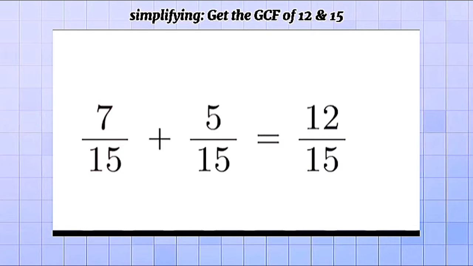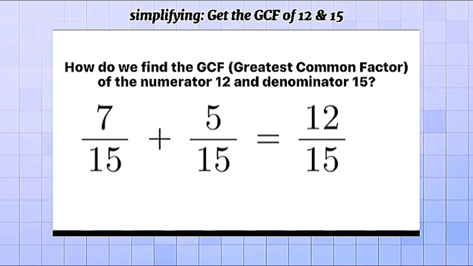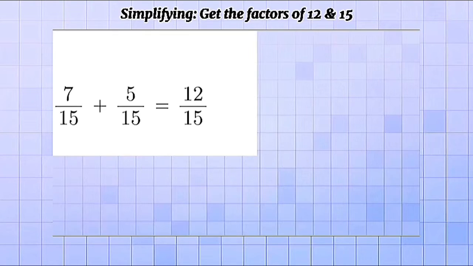How? Firstly, you need to find the GCF of numerator 12 and denominator 15. But how do we find the GCF, or greatest common factor, of 12 and 15?